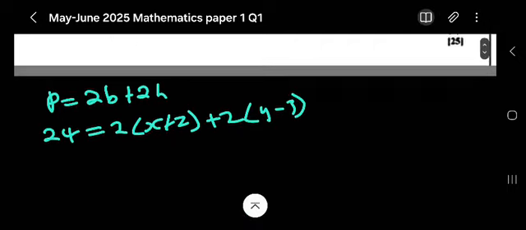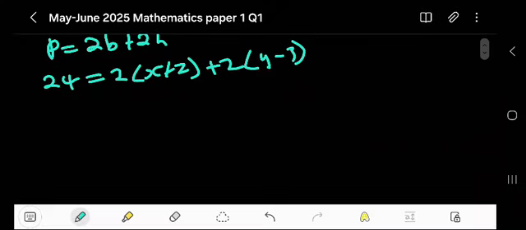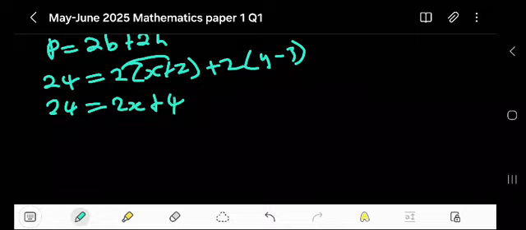Right now it's a matter of math. Well, we have here 24 equals, distribute, I'll have 2x plus 4, then plus 2y minus 6. Yes, so minus 6. So this is what I have there. Since I have this, I can make x the subject if I want.